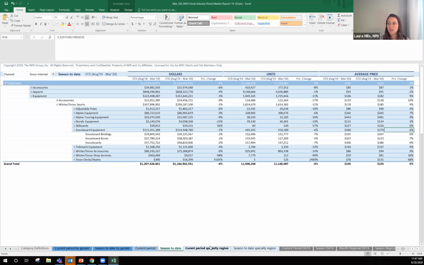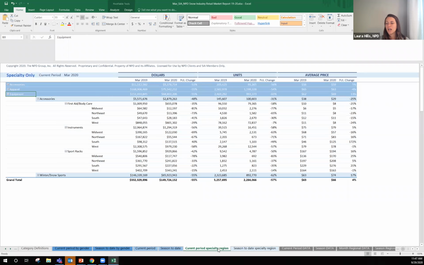It's meant to be more overarching, so it gives you all of the categories that you have access to. And then you can even get a little bit more specific and look at your specialty region performance, similarly laid out to the other two tabs I showed you. So current period, specialty region. This is snow specialty dealers, that one channel, and the breakout of regional performance.